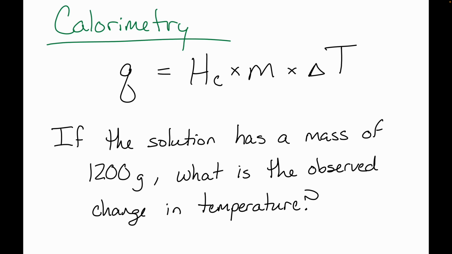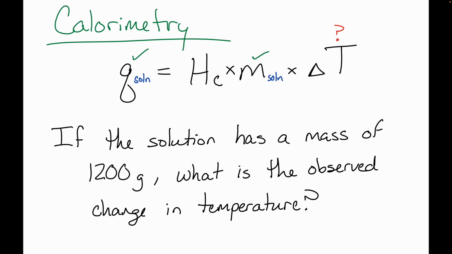What we're talking about here is our solution. So our Q solution is related to the heat capacity, the mass of that solution, and the delta T of that solution. What are we trying to find in this problem? We want our delta T. We have our Q solution, that's what we found in our previous step. Do we have the mass of this solution? All right, cool.